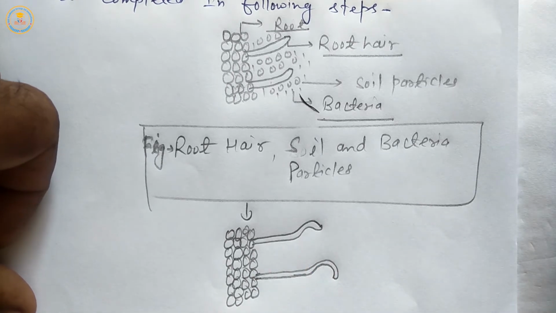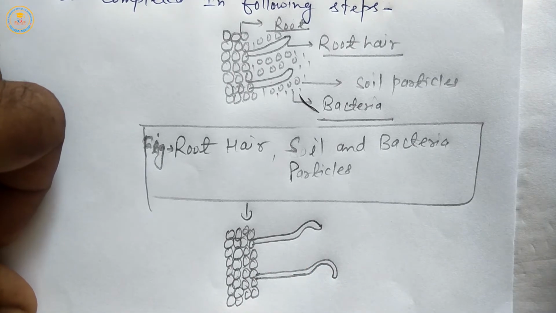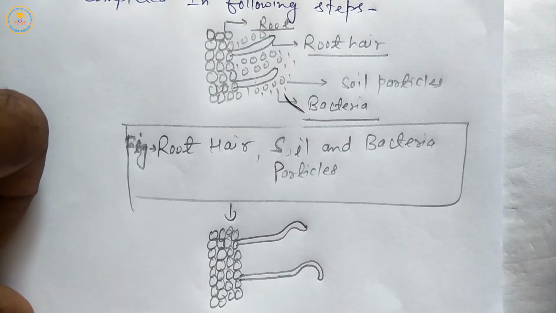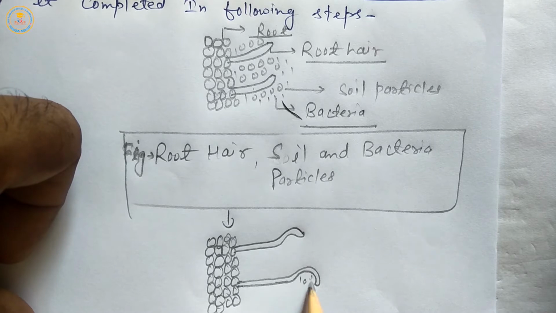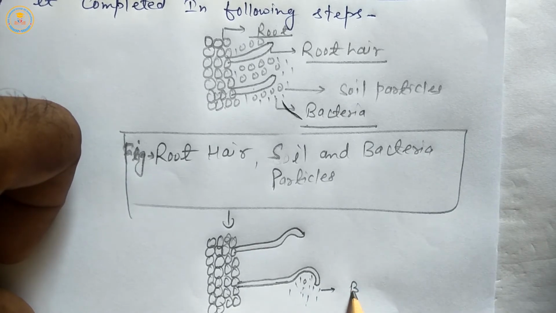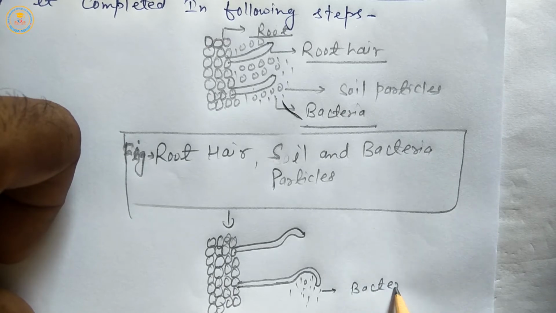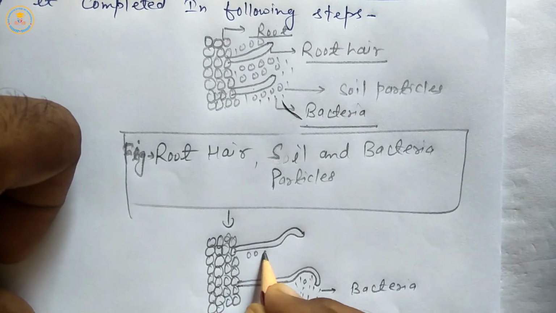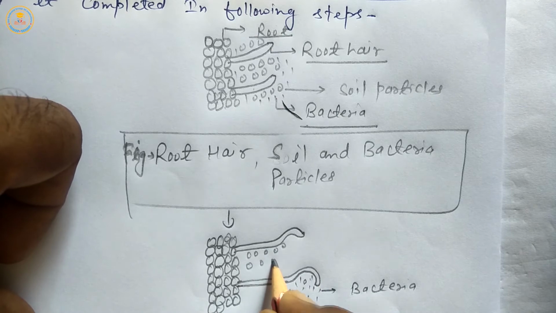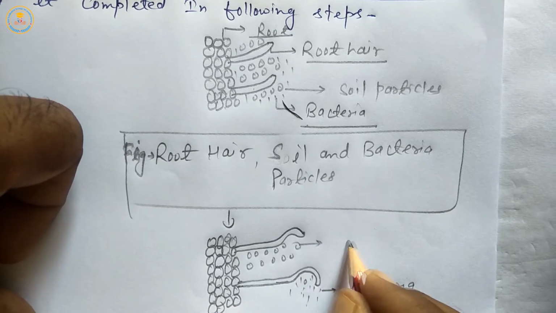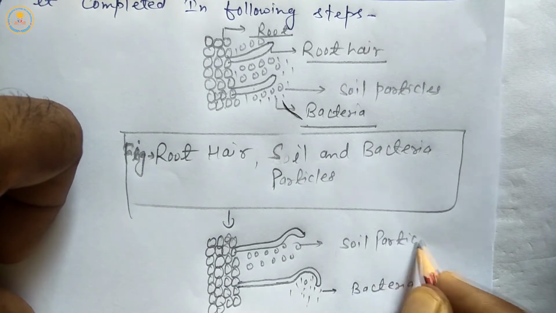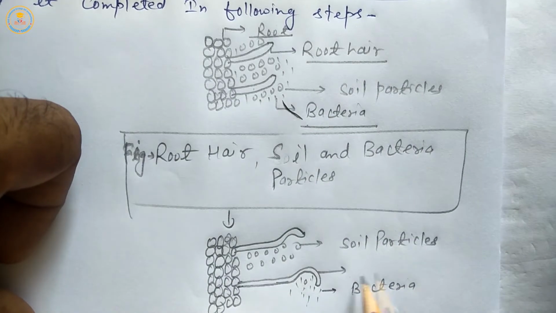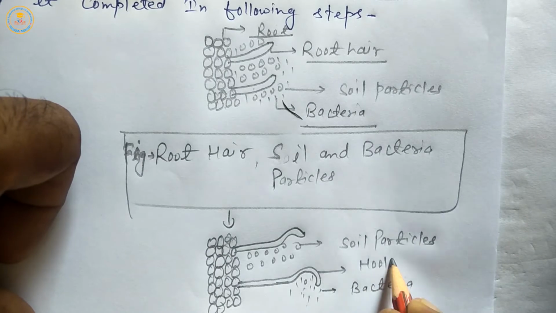This is the second step of root nodules. They are bacteria, they are soil particles, and this is the hook-like root.